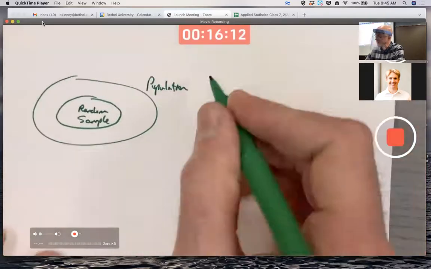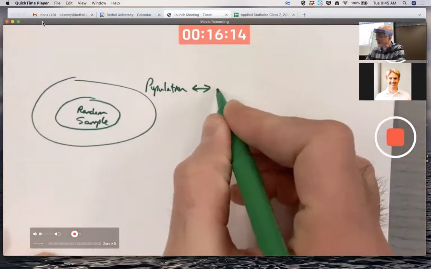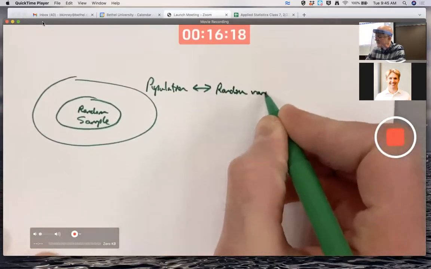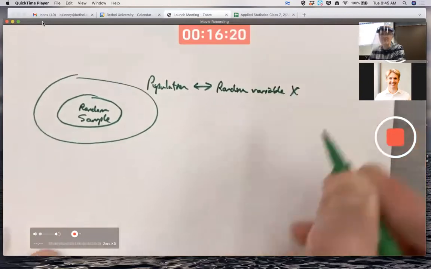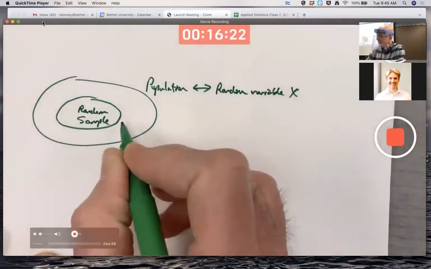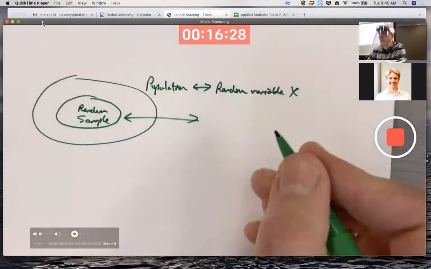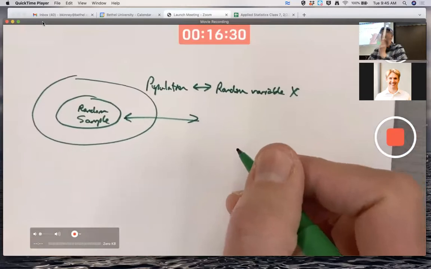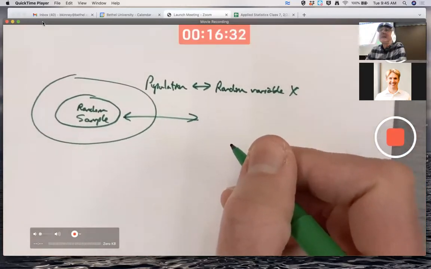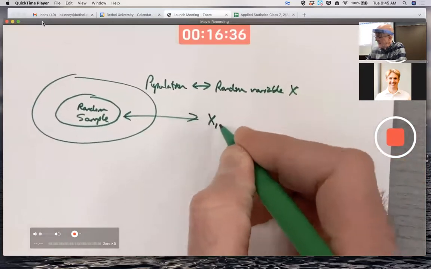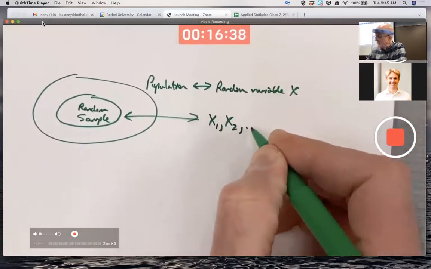This corresponds to the random variable that we are studying. And the random sample, which, yes, in real life you can actually sample people or companies or whatever, but we're thinking about it a bit more theoretically as being effectively a list of random variables, x1, x2 through xn.